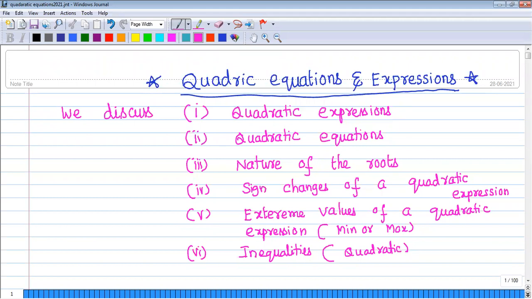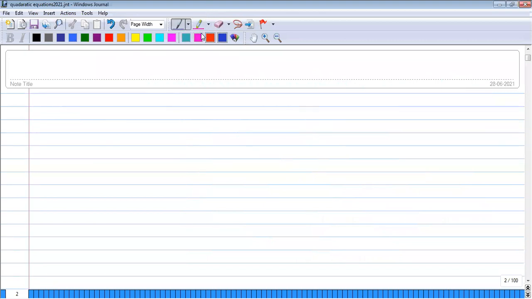So first from basic level, we will develop the levels. First, what is meant by the quadratic expression?